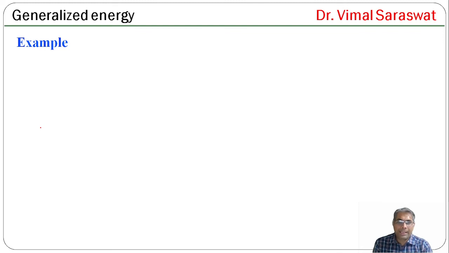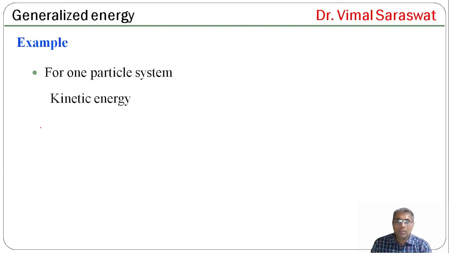Now, we take an example for a one particle system. Kinetic energy T equals half m q̇ squared.